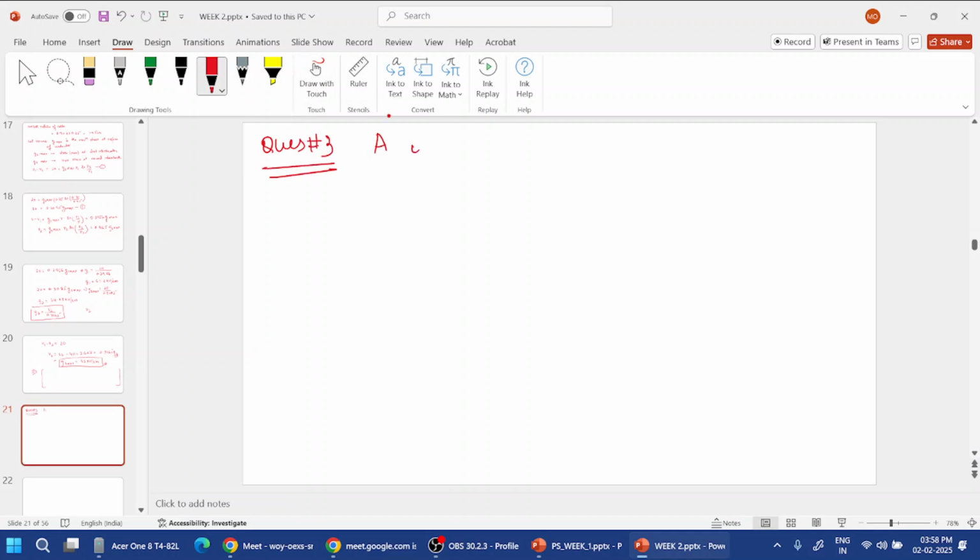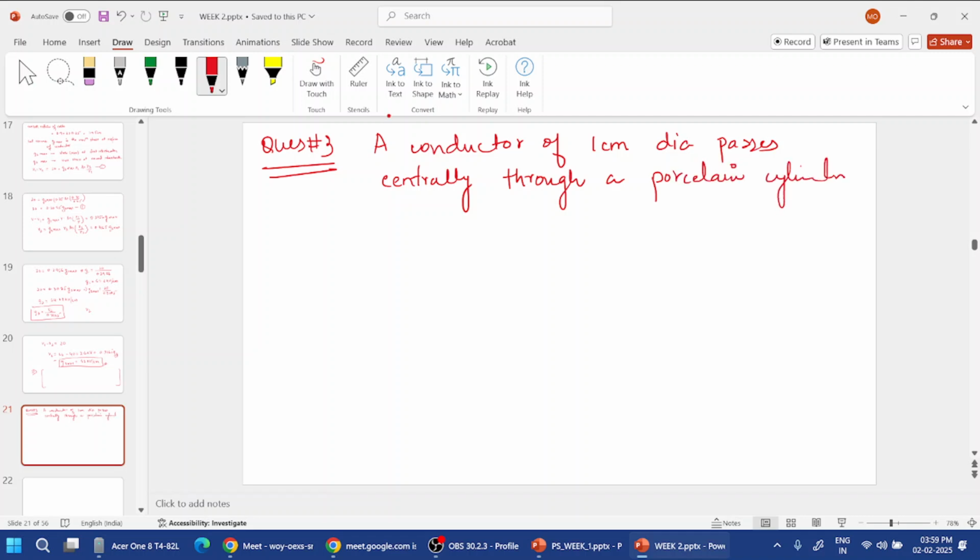A conductor of 1 centimeter dia passes centrally through a porcelain cylinder, okay, of internal dia 2 centimeter and external dia of 7 centimeter.